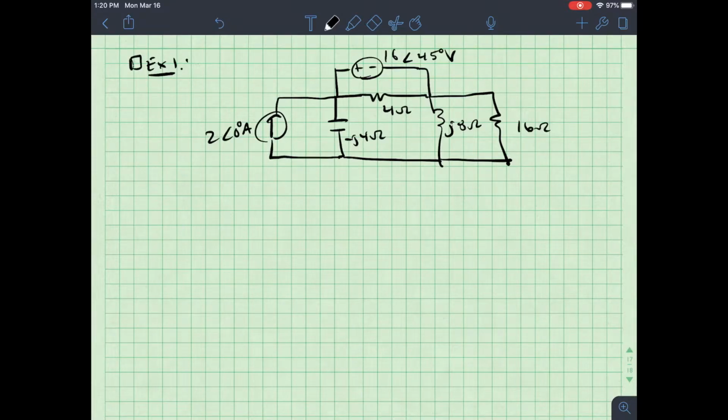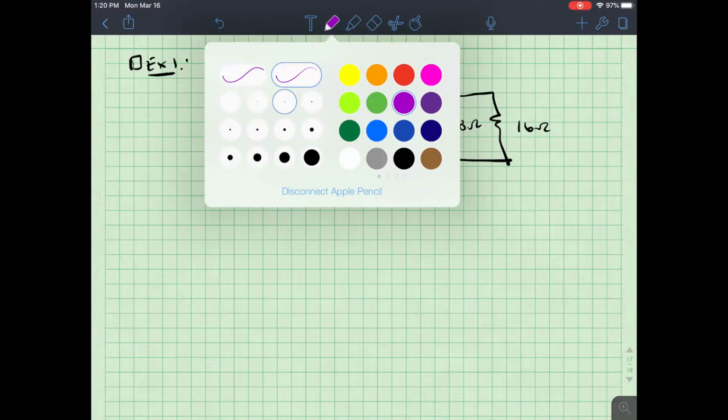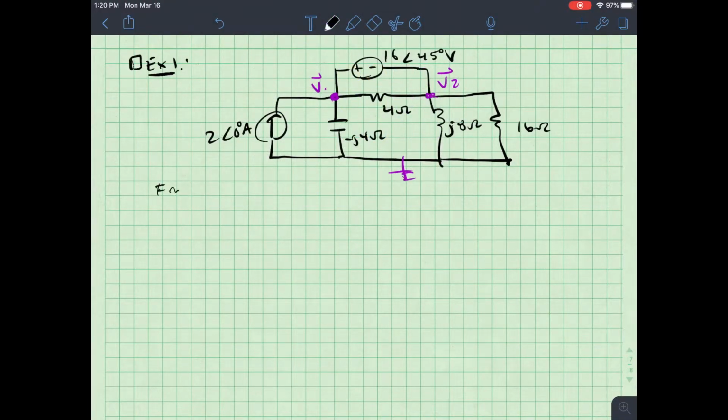Alright, and then the other thing I'm going to do is specify V1 and V2, and I want you to find for me V1 and V2.